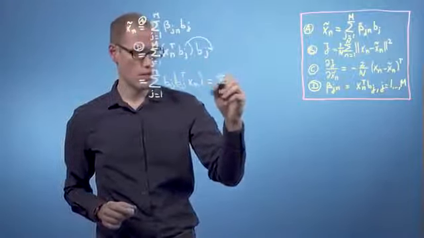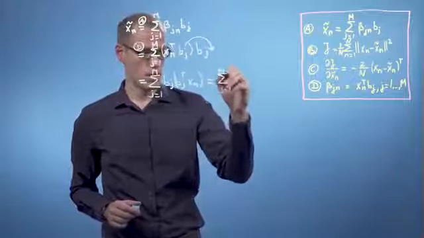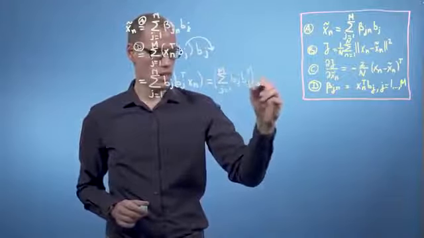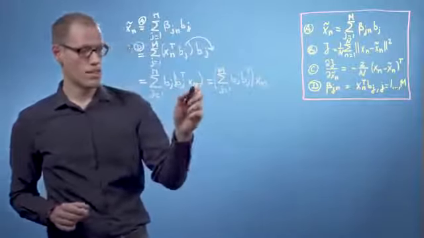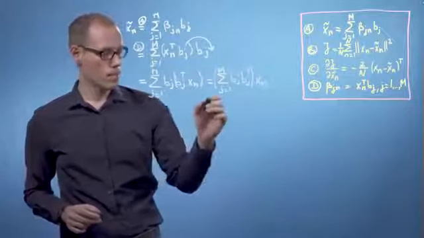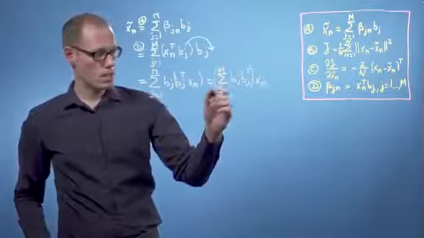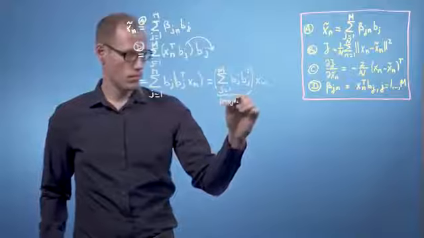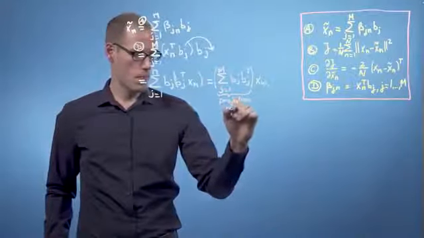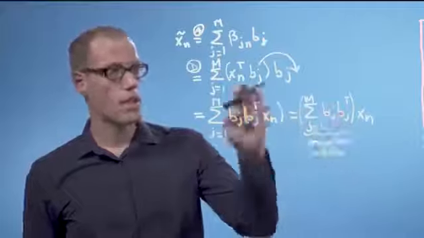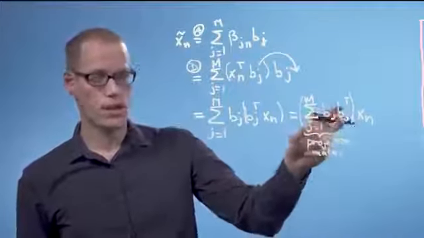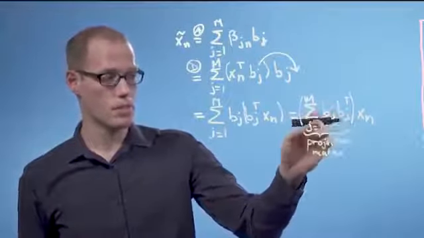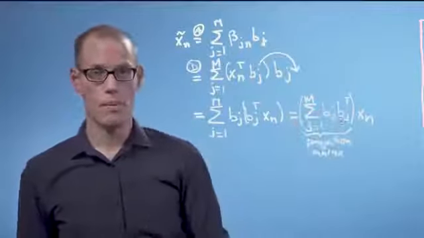And this one we can write generally as the sum over j equals 1 to m of bj times bj transpose, times xn, where we moved the xn out of the sum. And if we look at this, this is a projection matrix. So this means that xn tilde is the orthogonal projection of xn onto the subspace spanned by the m basis vectors bj, where j equals 1 to m.